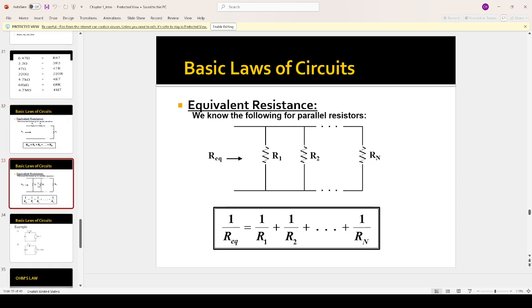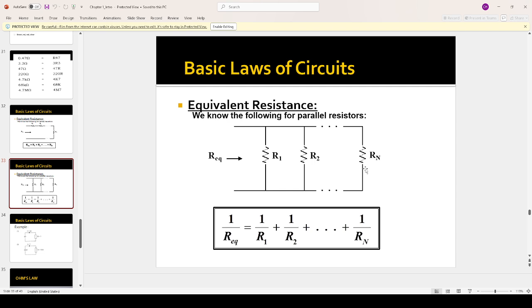But for parallel circuits, as you can see, this is all set up as parallel. We will use this equation where 1 over R total equals 1 over R1 plus 1 over R2 plus 1 over Rn, however many resistors there are.